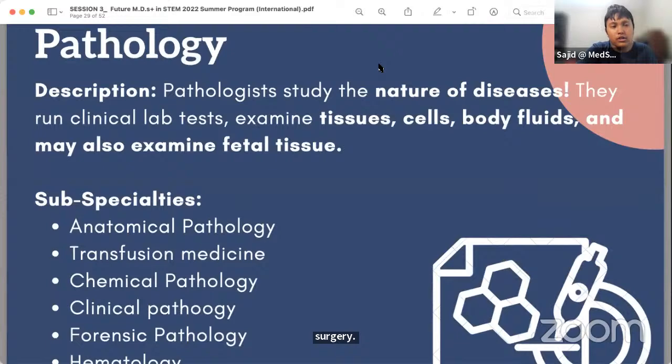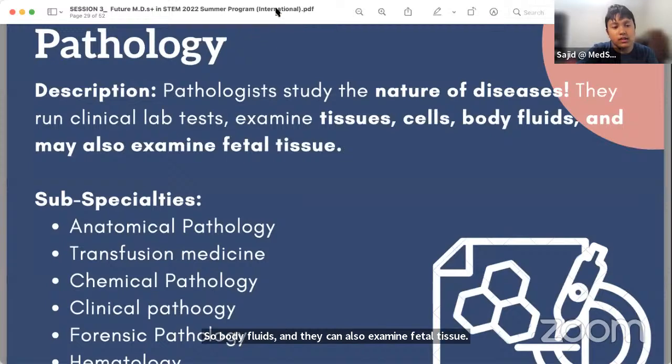Next slide, pathology. So that's basically the study of disease and the nature of diseases specifically. So pathologists can run clinical lab tests, examine tissues, cells, body fluids, and they can also examine fetal tissue.